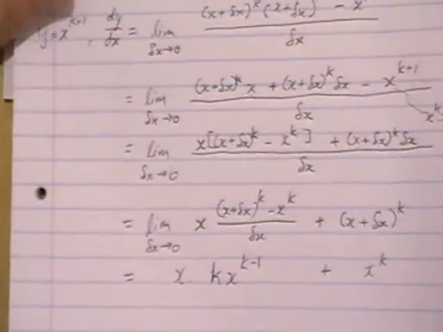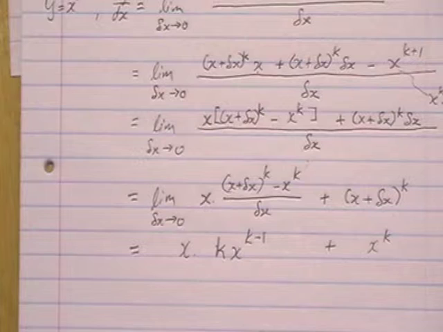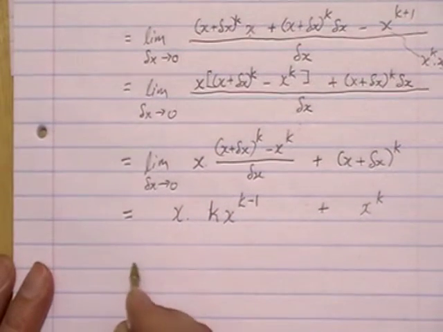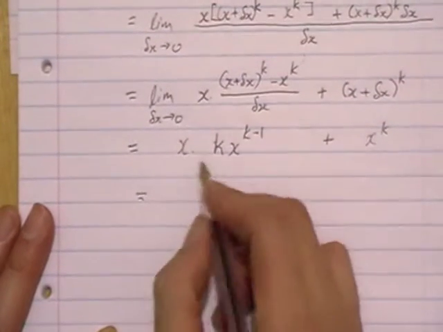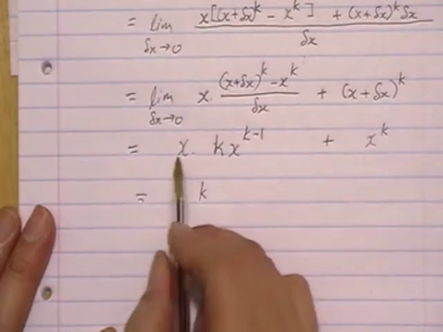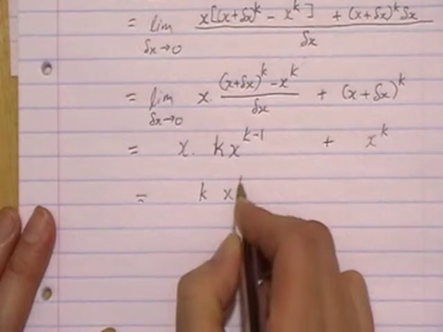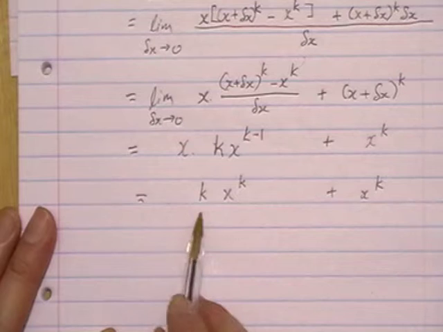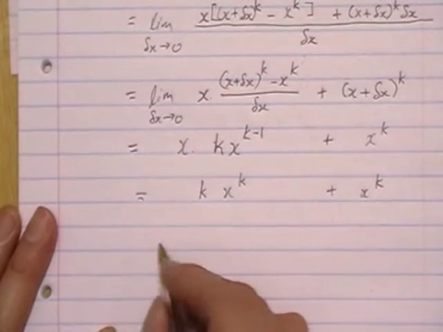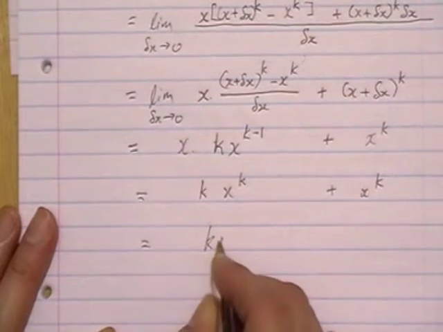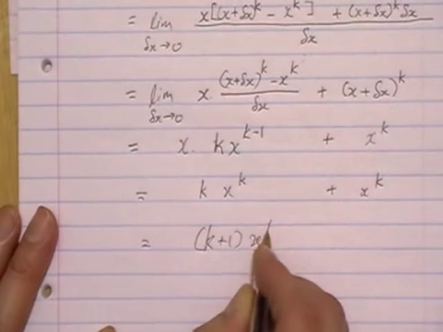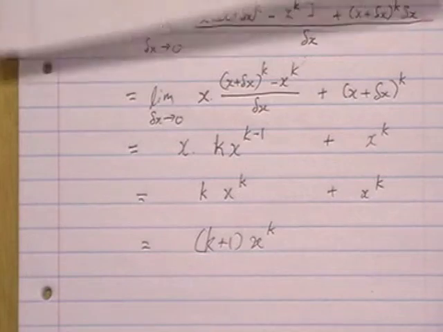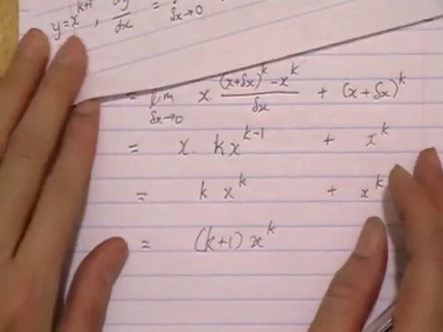Now this is good because it's just two simple expressions I can simplify. k x to the k plus x to the power of k. So putting these two together, I get k plus 1 times x to the power of k. Now, is that not what we set out to prove?